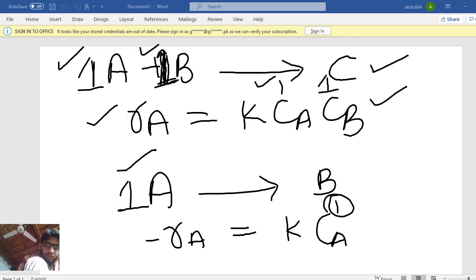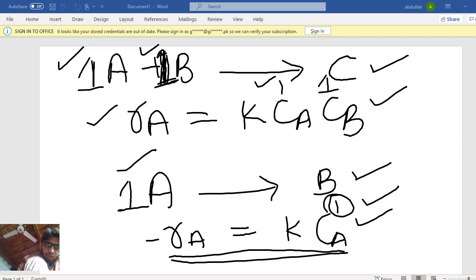So such a type of reaction in which the rate law is written in this form is known as an elementary reaction. In an elementary reaction, the rate law is equal to the stoichiometric form of the reaction.